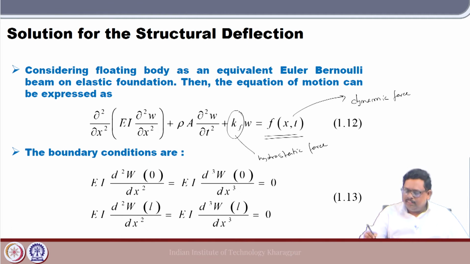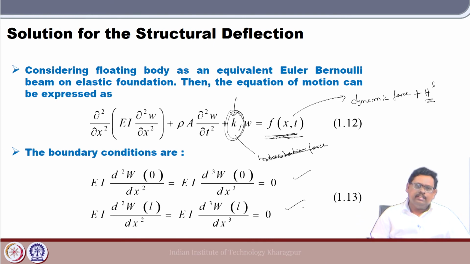Many people use this hydrostatic force inside the stiffness matrix, but in our formulation we do not import it there. We put the hydrodynamic plus hydrostatic force on the right hand side as an external force. And this is the boundary condition: shear force and bending moment are 0, because you are assuming this ship as a free beam. So, shear force and bending moment should be 0 at both ends, right.